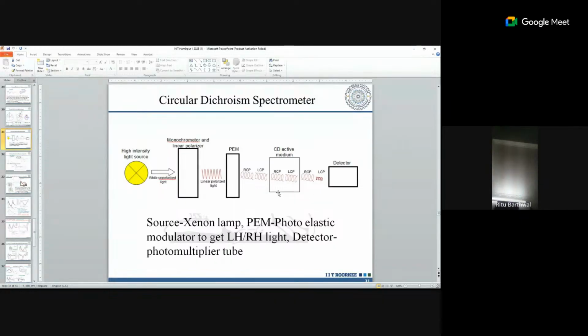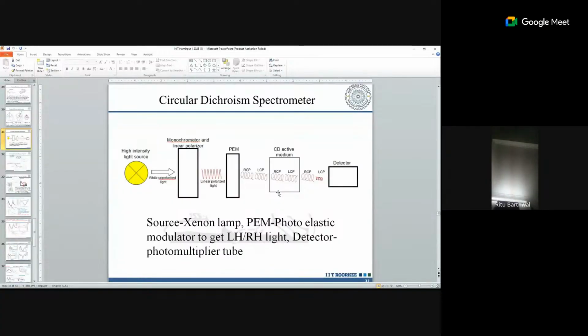You all do the experiment of OD absorbance, and you measure OD of 0.1, 1, 1.5, and your CD value is going to be 0.0001. So it's a very sensitive technique, very specialized sources and detectors are used, and their efficiency is very high. It is nothing but absorbance LH minus absorbance RH, and it comes from asymmetry.